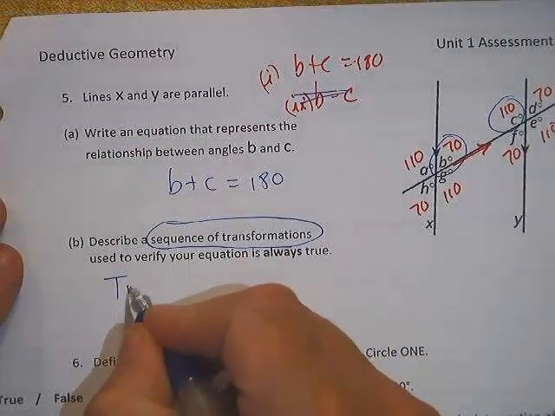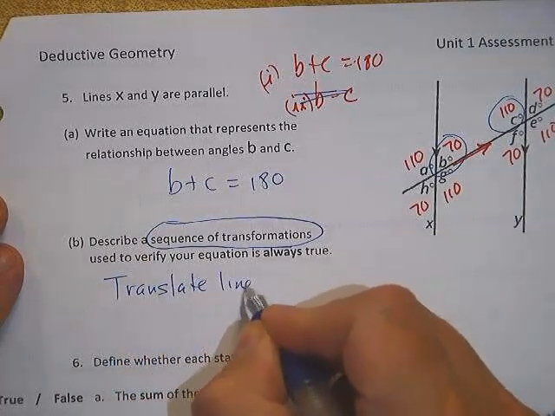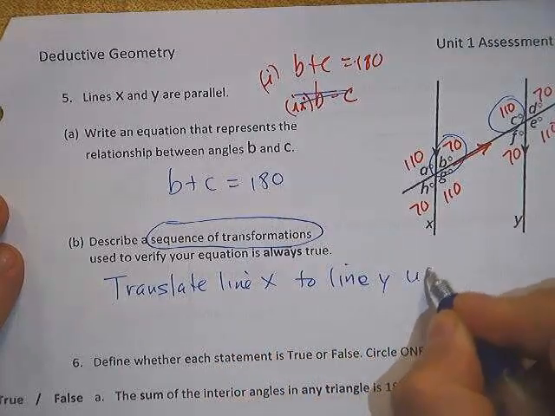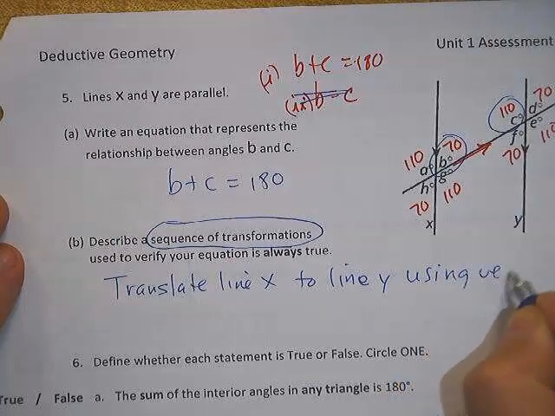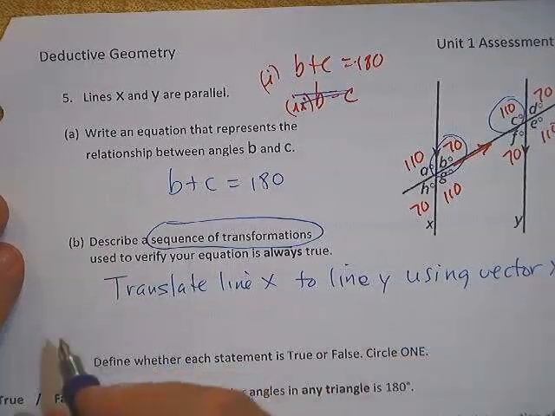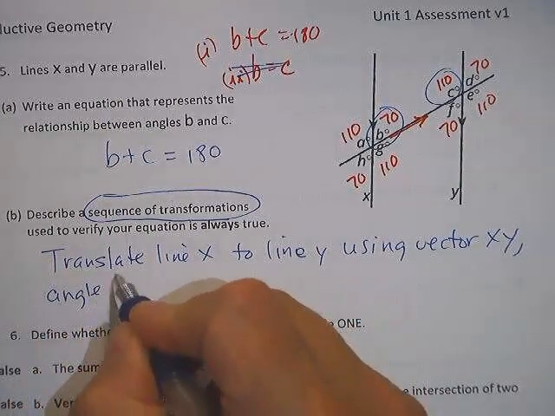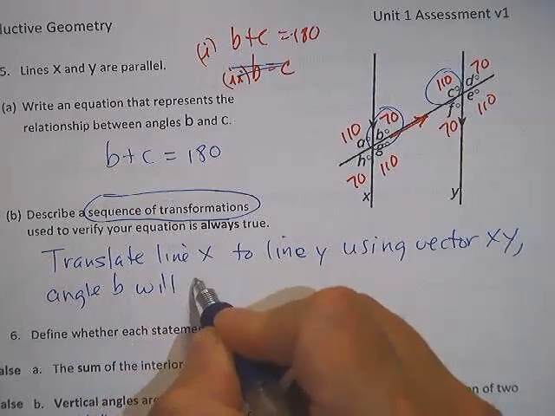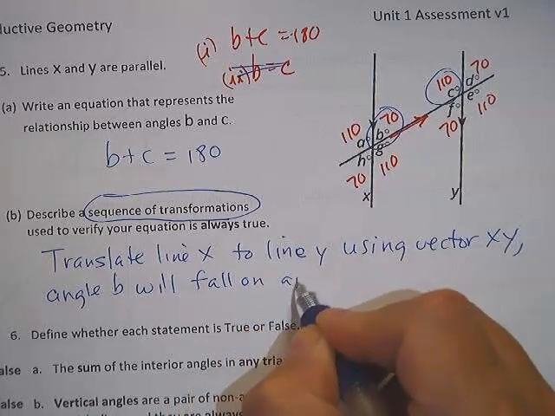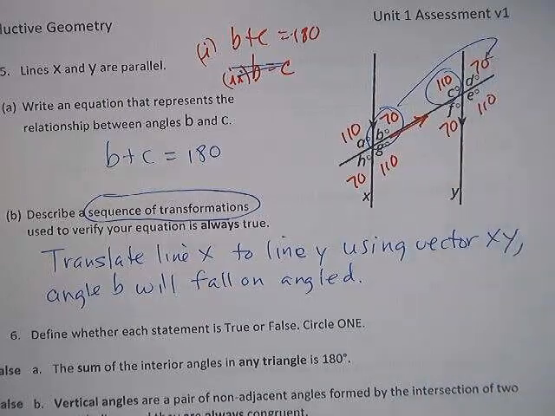So if you translate line X to line Y using vector XY, angle B will coincide, or will fall on, angle D. This angle will fall on this angle.